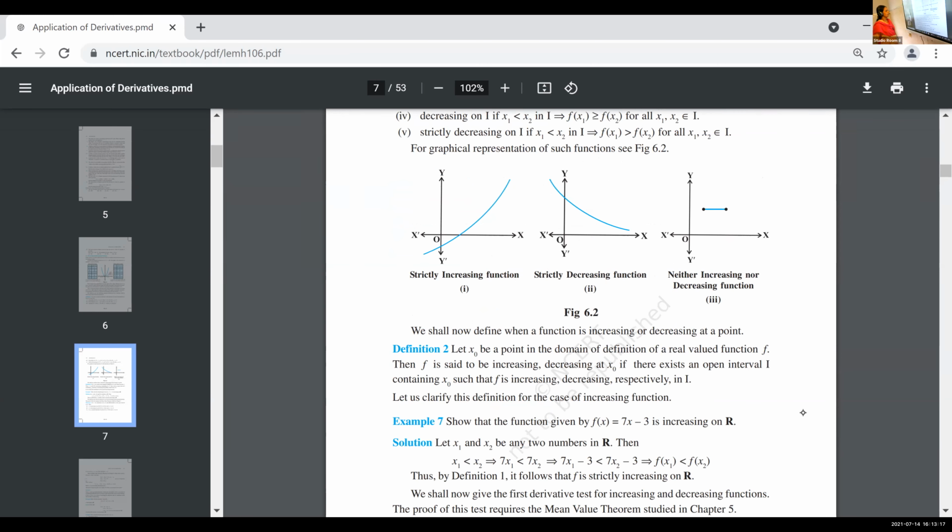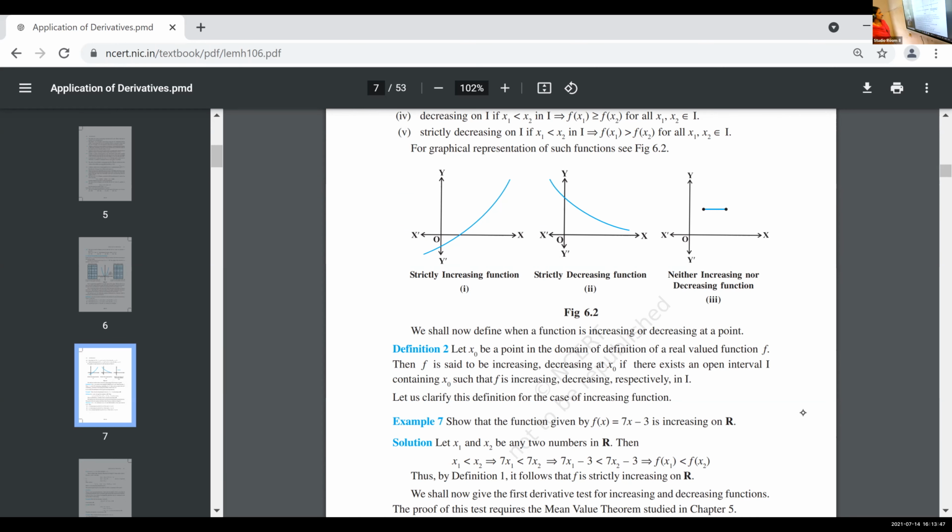Look at the first graph. Is it strictly increasing, strictly decreasing, or simply an increasing or decreasing function? The first one is a strictly increasing function. As x is increasing, no two points have the same value of f of x. For distinct values of x, we are getting distinct values of f of x. So we wrote this as strictly increasing. Again, the next one is strictly decreasing.